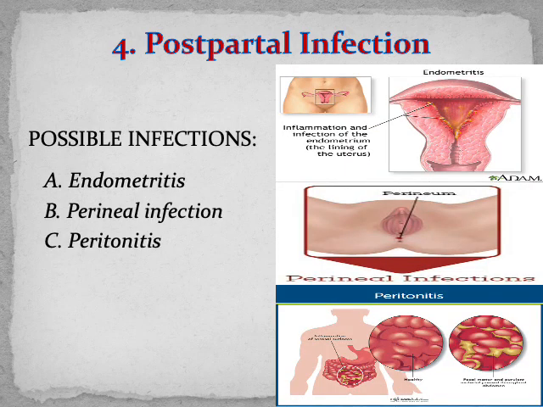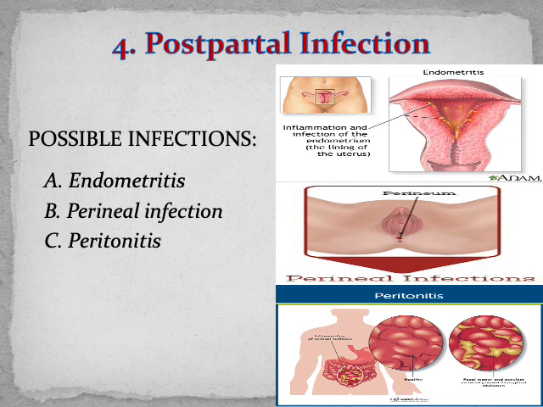Ano yung mga possible infections na binabanggit natin? First is endometritis, next is perineal infection, and third is peritonitis. So si endometritis, in the first photo above, is the infection or inflammation of the endometrium or the innermost lining of the uterus.